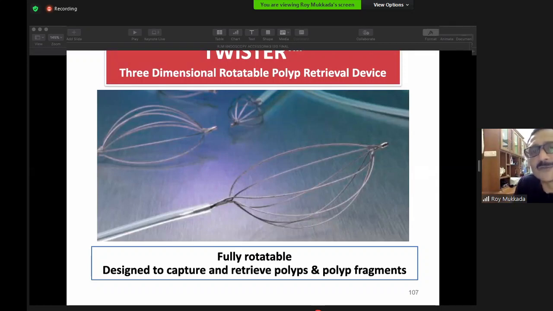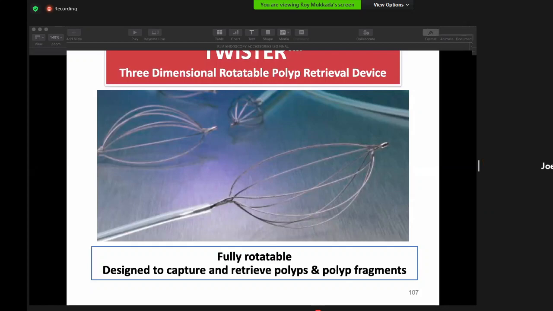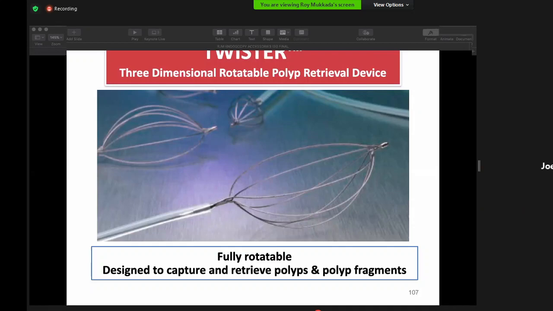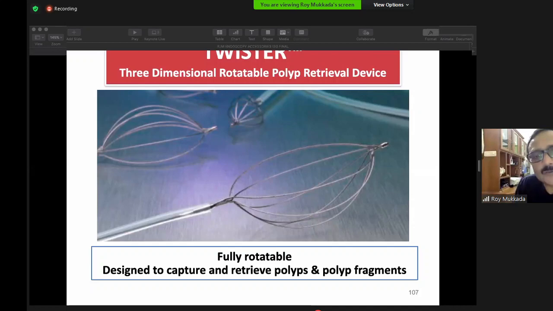So which are the other ones we use for polyp retrieval? We can use the Roth basket, sir. Normally we use the Roth basket, and even a foreign body retrieval basket can also be used. This is quite a useful one, but it's not used routinely.